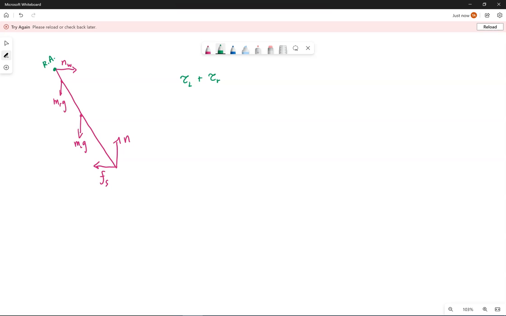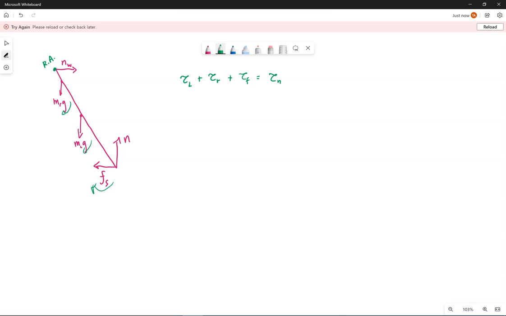Let's see, those would both rotate the ladder clockwise. So this way, this way. The friction would also cause clockwise rotation. So the torque due to friction needing to equal the torque due to the normal force with the ground.